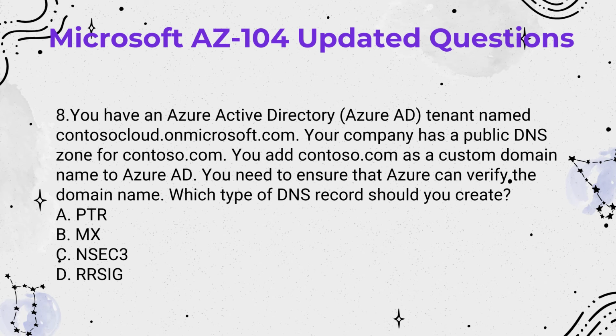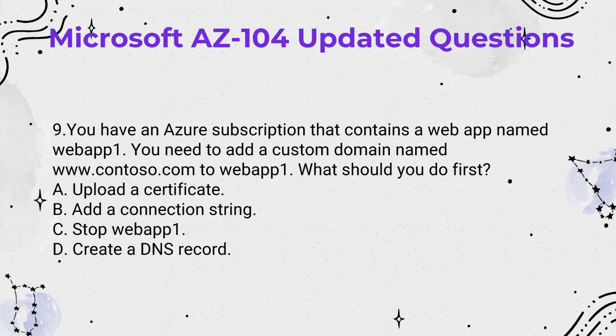Which type of DNS record should you create? A. PTR. B. MX. C. NSEC3. D. RRSIG.